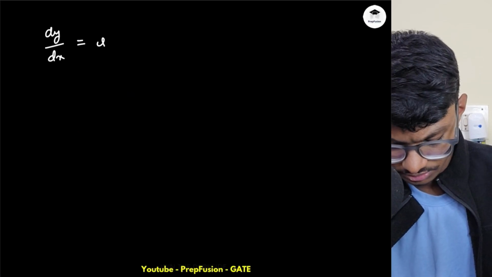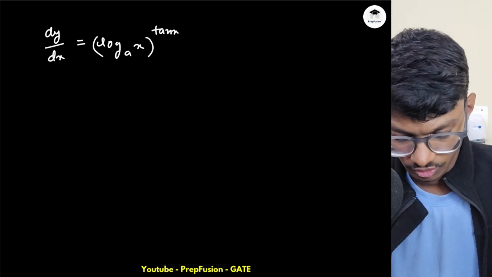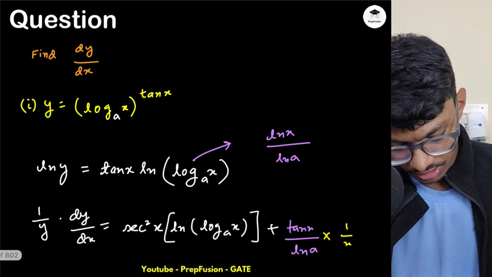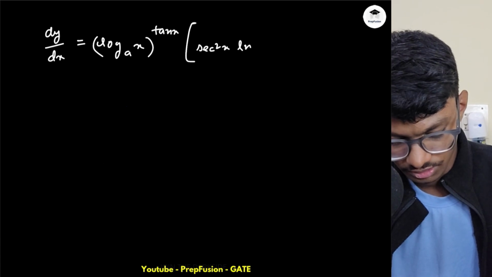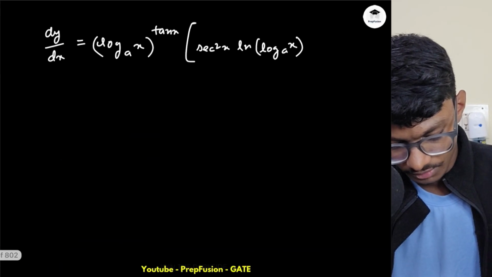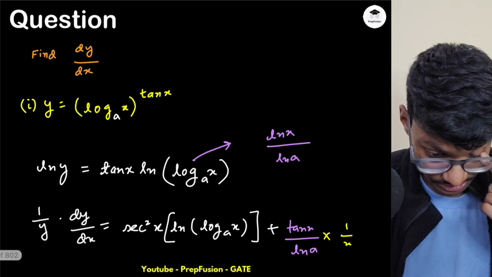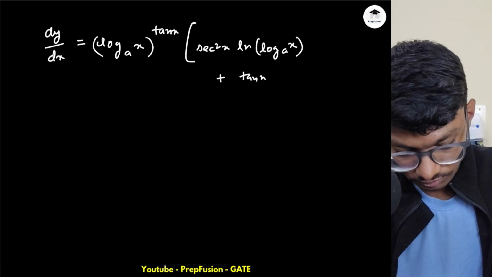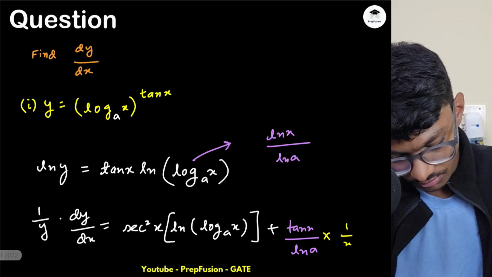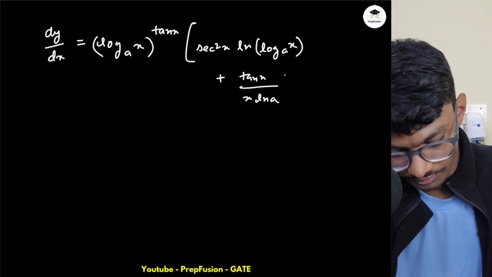What is y? Y is log of ax raised to power tan x. Now what is this? This is ln of log of ax sec square x into ln of log of ax, plus this, which is basically equal to tan x by x ln of a.